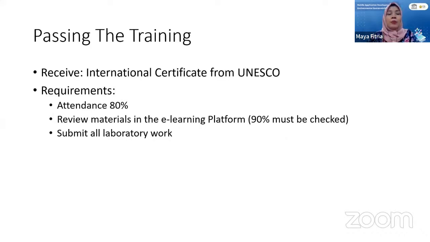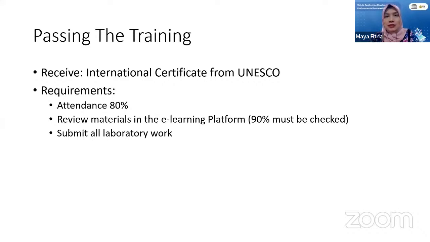Okay, to pass this training, there are some requirements that you need to fulfill. The first one is the attendance must be at least 80%. And then the review materials in the e-learning platform, 90% must be checked.